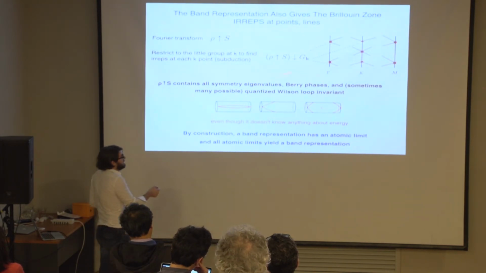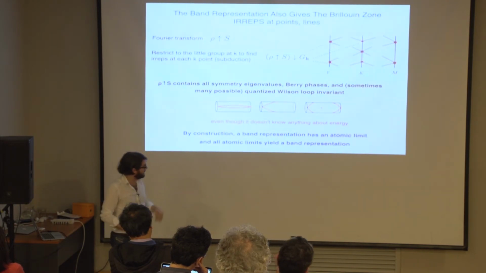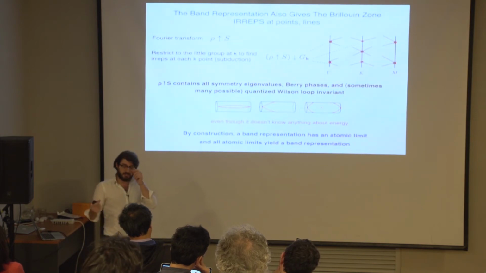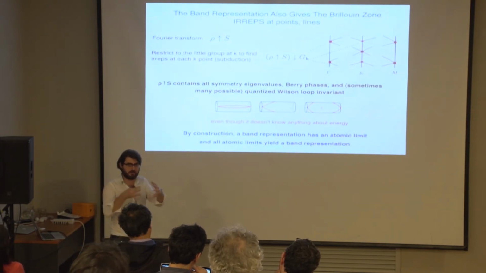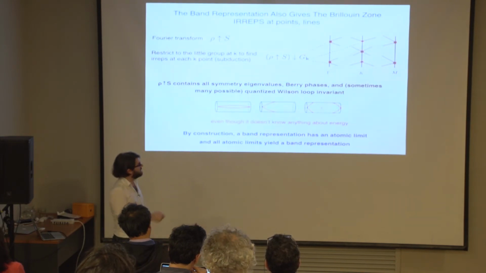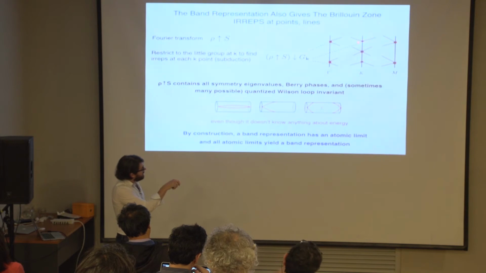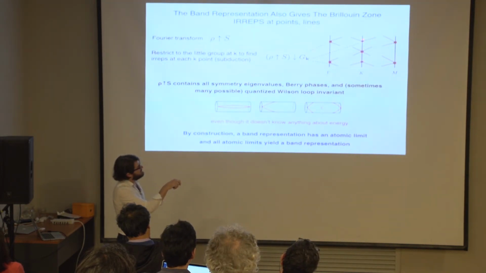And this immediately gives me the characters of the bands at these high symmetry points. So if I know the band representation, I immediately know all the characters of the representations at the high symmetry points in the Brillouin zone. It's just a Fourier transform plus a subduction, and this is an immediate thing for a computer to do. Basically I wouldn't know which order they are. For example, this is a one-dimensional representation, this is a two-dimensional one. I wouldn't know that this is above this.